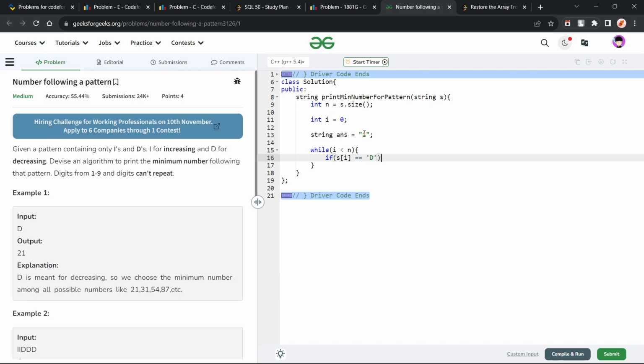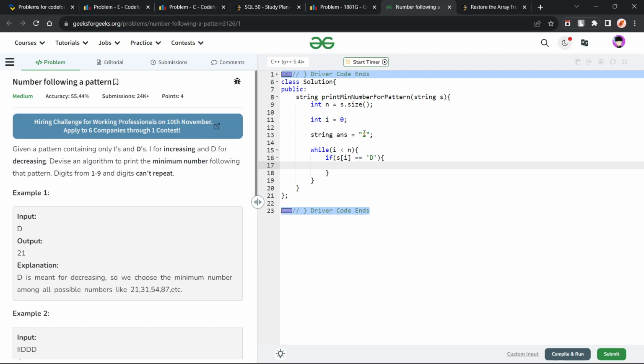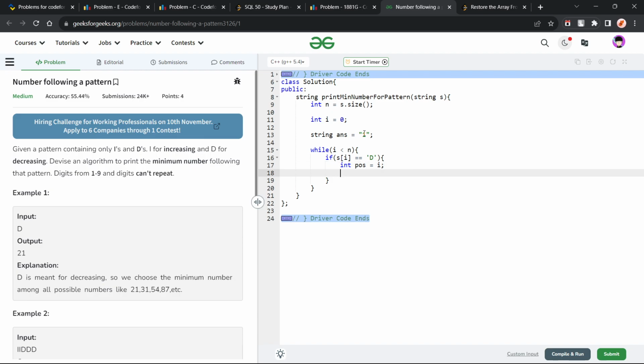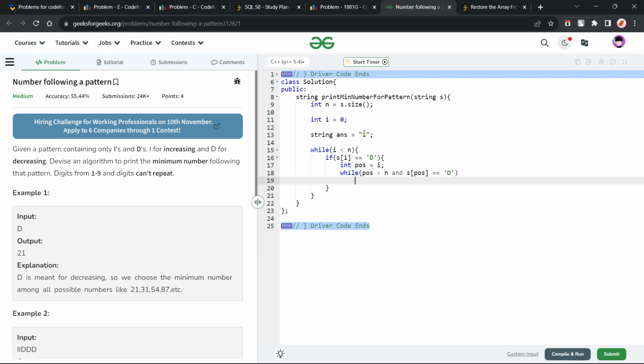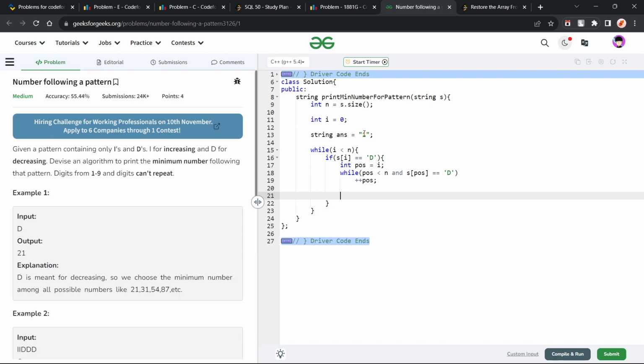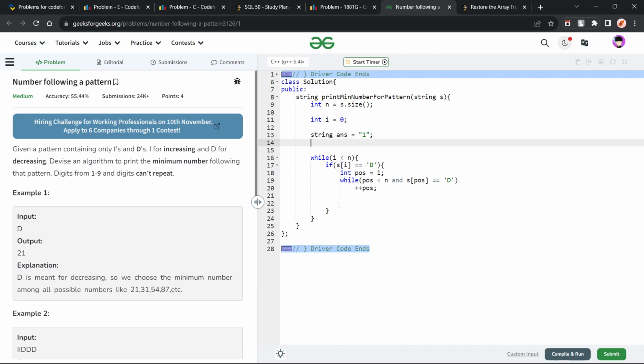So if it is asking me to decrease, so basically I am just counting the consecutive number of D's, and let me also maintain this.